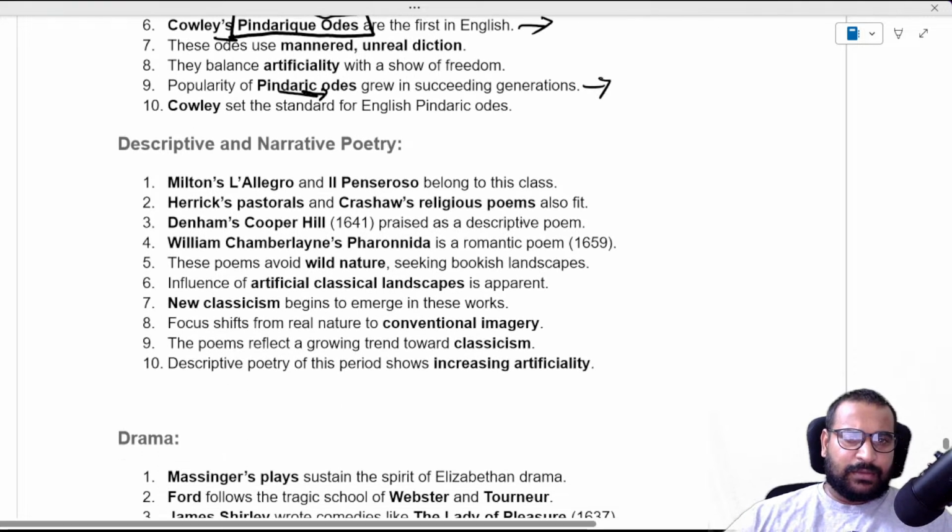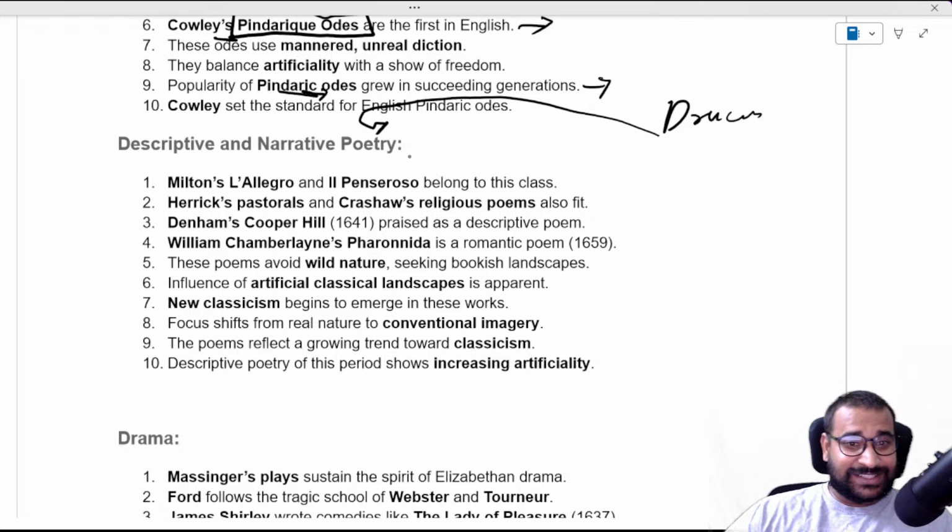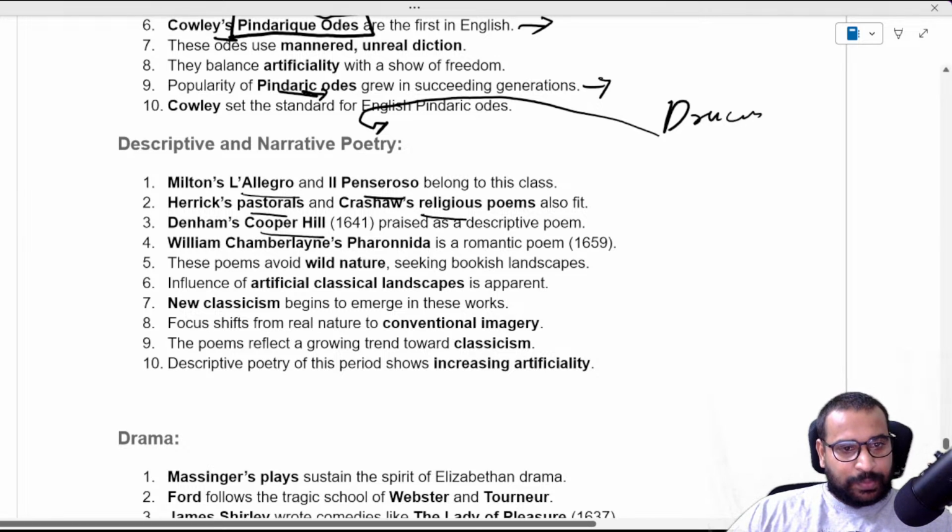Then, there was no drama, right, but there was narrative poetry in the form of drama. So we have L'Allegro, we have Il Penseroso, we have Herrick's pastoral, Crashaw's religious poems, and Denham's Cooper's Hill.